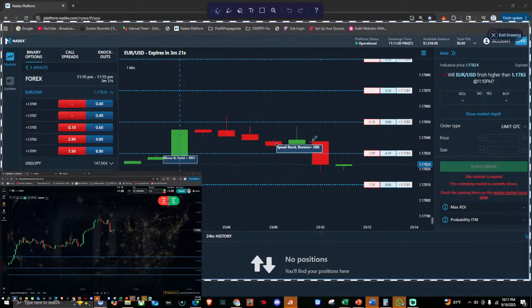So you can see here this is a strike, and this is a strike, right? So below this strike is a sell position, right down to this number.